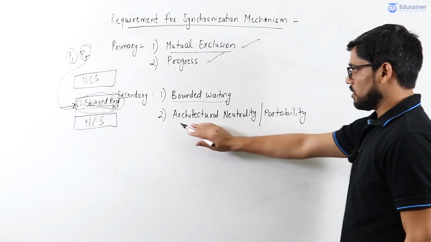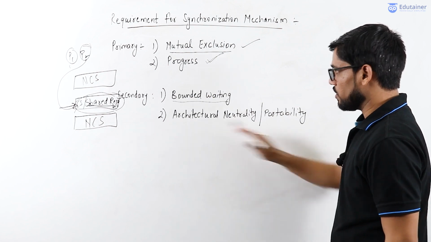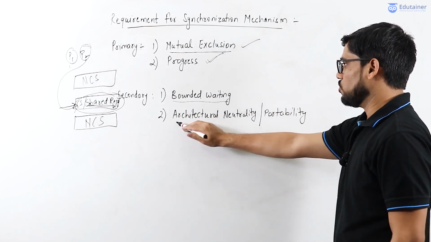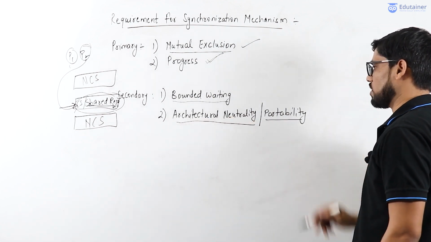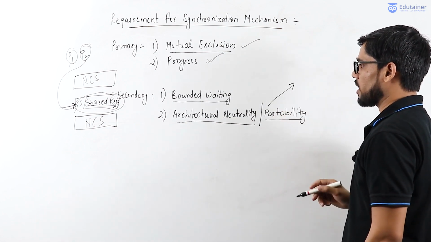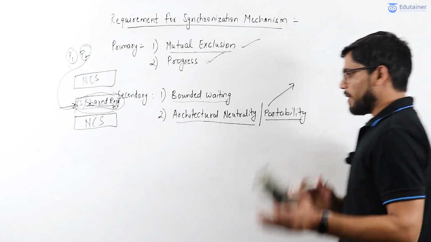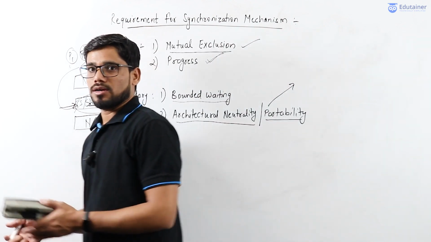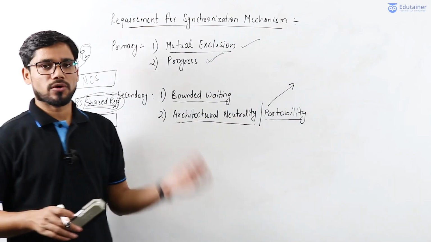And the other secondary requirement is architectural neutrality or portability. What is architectural neutrality or portability? The solution you provide for the synchronization mechanism will be independent of the hardware. It does not depend on the hardware.